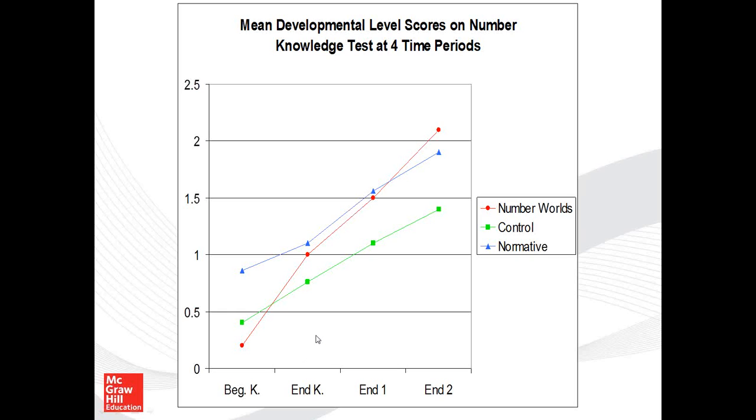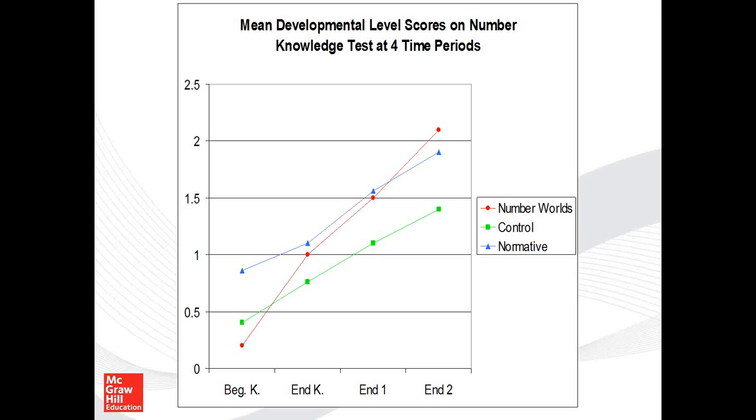Let's look first at the blue line. This is the normative population, and as expected, their performance follows that of the majority of middle income students in the United States and Canada and several other countries where we've used this test. At the beginning of kindergarten, the students are 5 years, 4 months old. They're not quite at the 1 mark, which is the 6-year-old mark, but they're almost there.